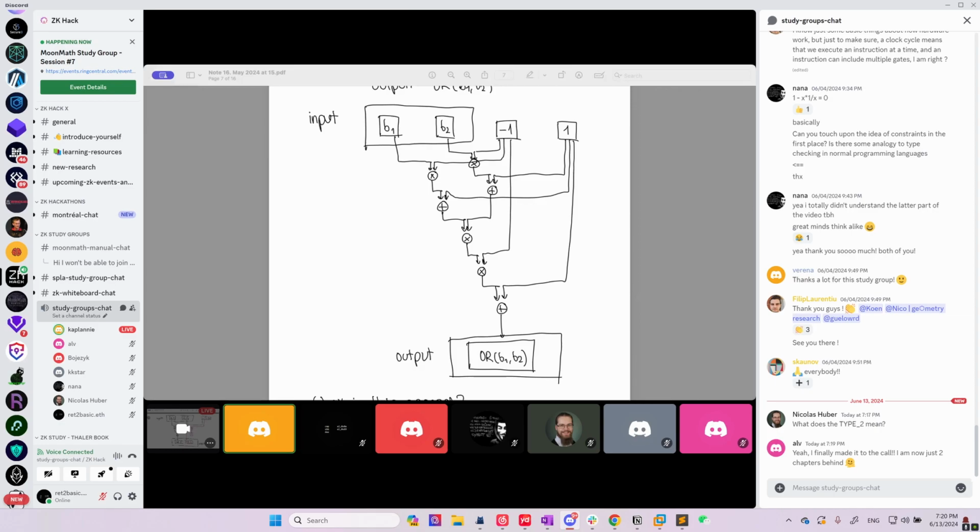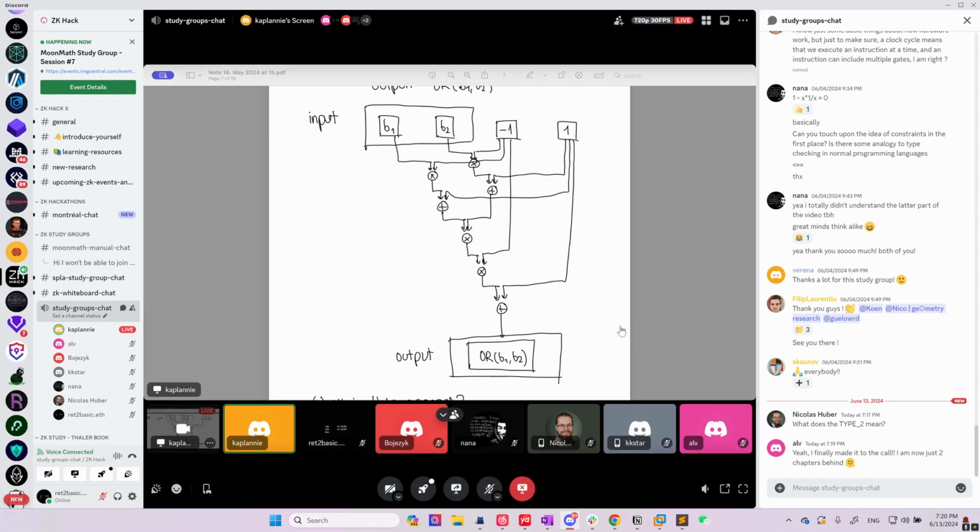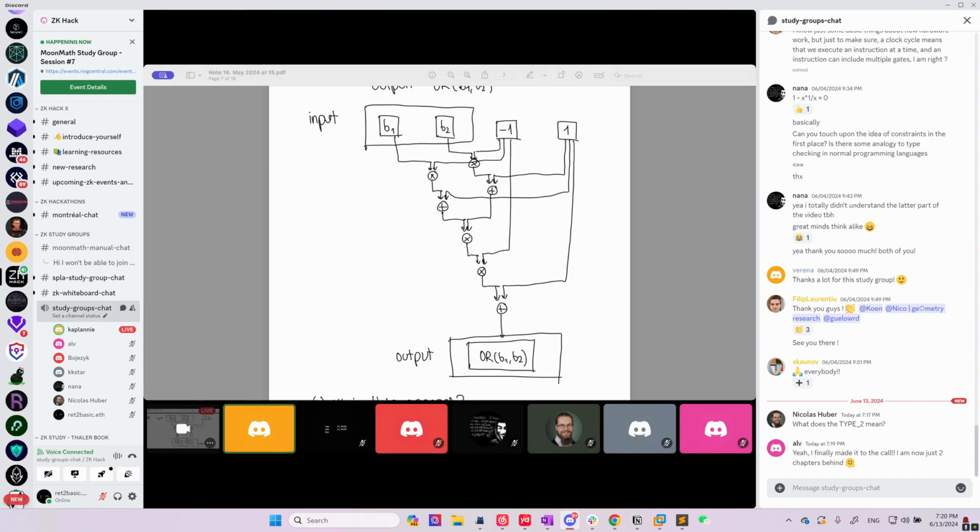So the output that I get, is it going to be the OR, or will it be something else potentially? That's basically the question I have. Since I'm asking in this way, it's maybe easy to see the answer. So since I'm asking in a suggestive way, the output is not necessarily going to be the OR.